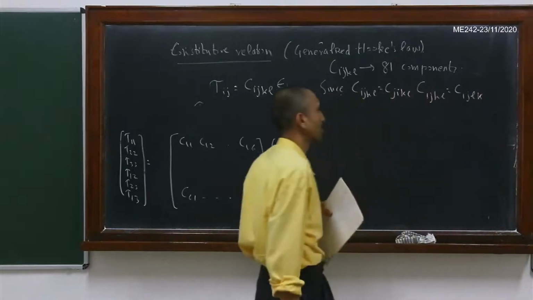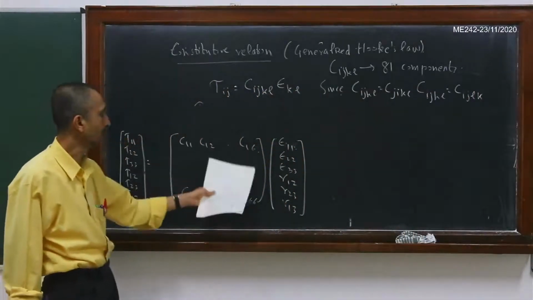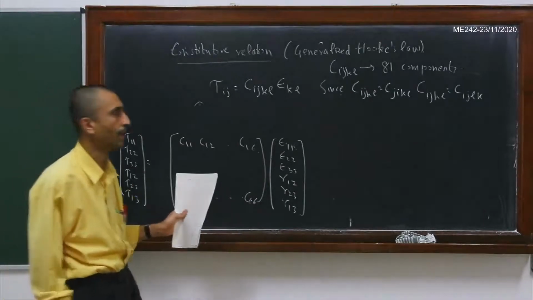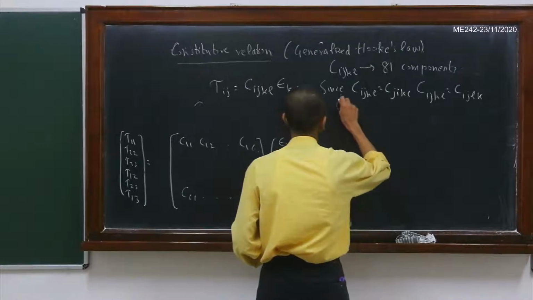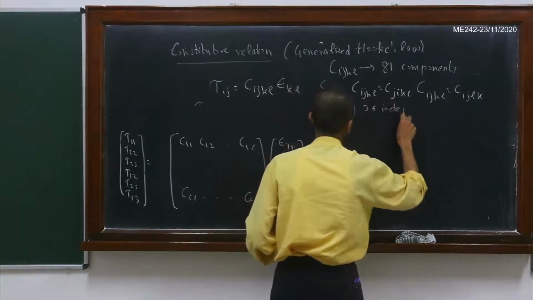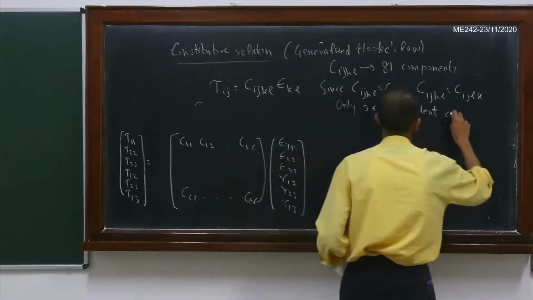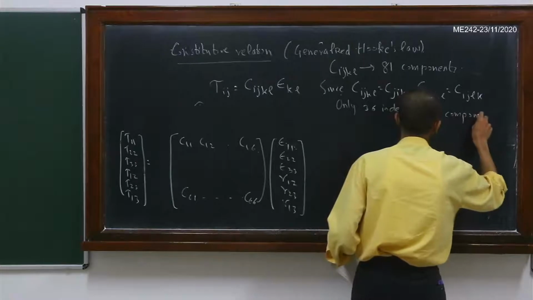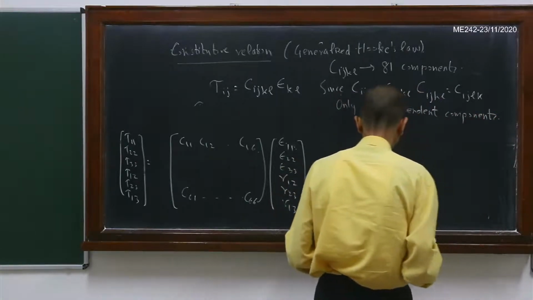Okay, so because of these minor symmetries, we have now shown that actually there are only 36 independent components. Right.